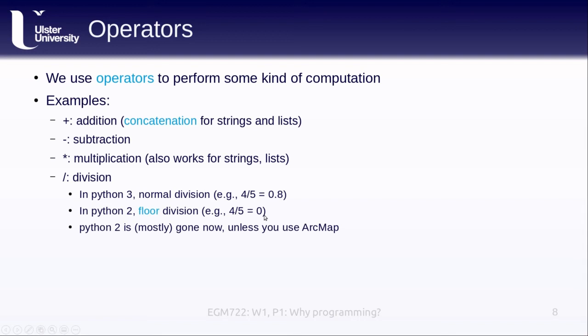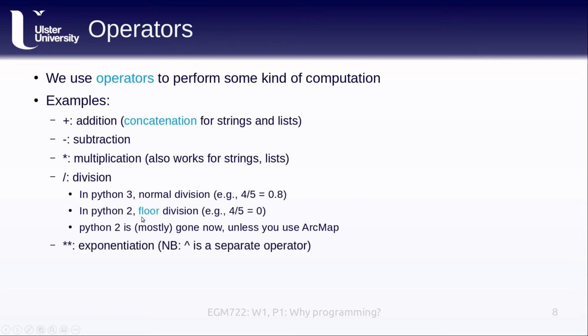It's no longer supported as of the 1st of January 2020. If you're using ArcMap, so ArcGIS 10 point whatever, the Python version that ships with it is still Python 2. If you're using ArcGIS Pro, they have upgraded to Python 3, so you don't have to worry about this anymore.